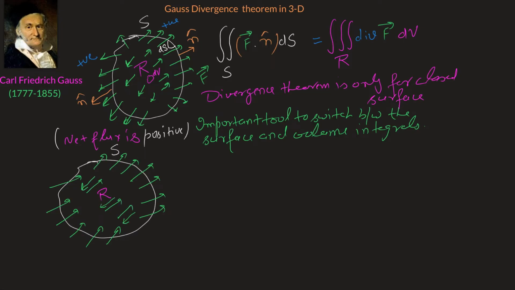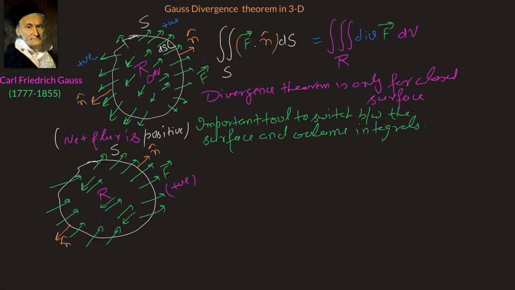Now if we see this portion, the normal is along this direction, and here the normal is in this direction. In this case the normal and vector field are both in the same direction, so that will give the positive flux.